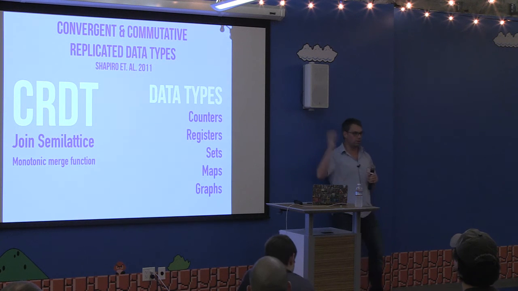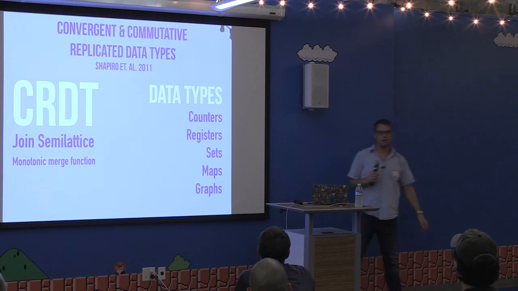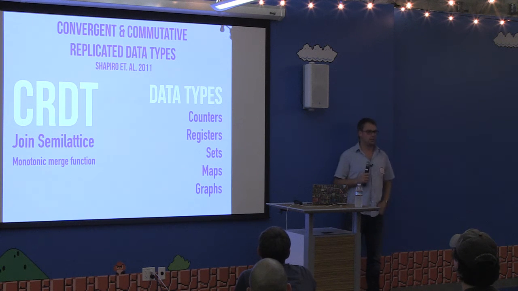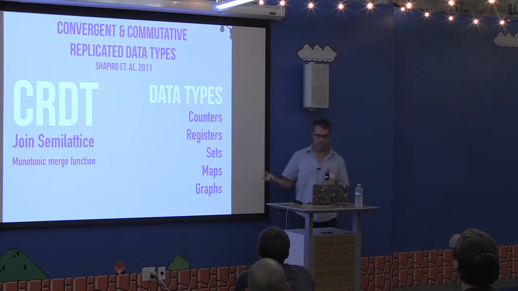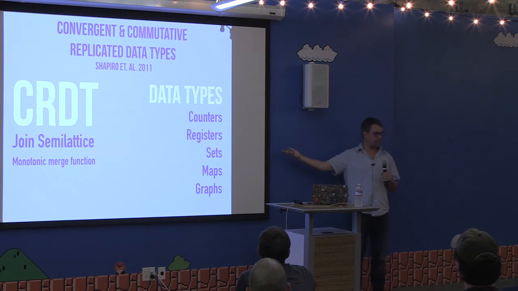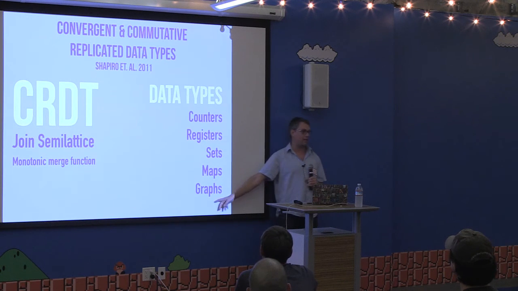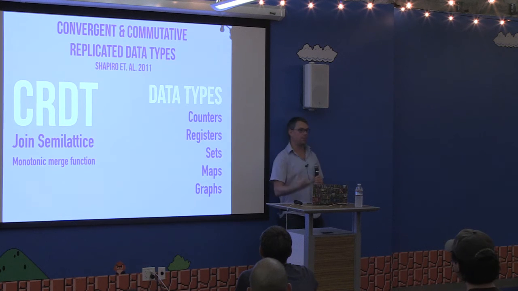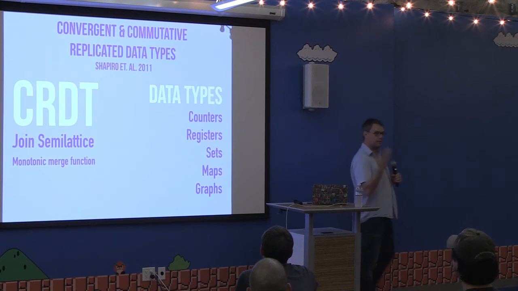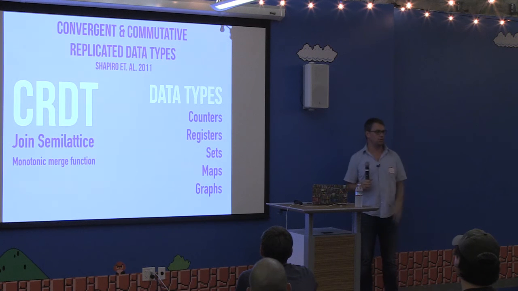You know, Voldemort and the old Dynamo and Riak actually have links, but most of them implement some sort of key value store. CRDTs give you a way of modeling much richer data structures than registers. Counters, sets, maps, even graphs with the same properties that Dynamo and Riak and Voldemort give you.